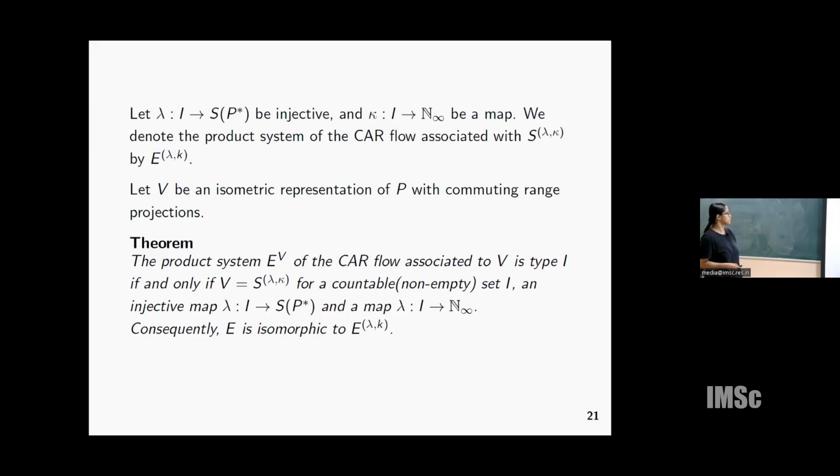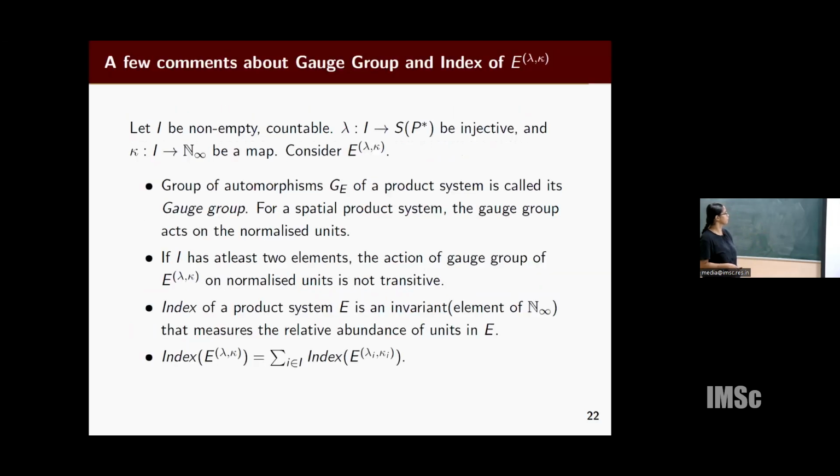We denote the product system of the CAR flow associated to S lambda K by E lambda K, and a product system E_V of the CAR flow associated to V is type 1 if and only if V is S lambda K associated to these maps lambda and K. Because isometric representations and product systems are in one-to-one correspondence, E is isomorphic to E lambda K.